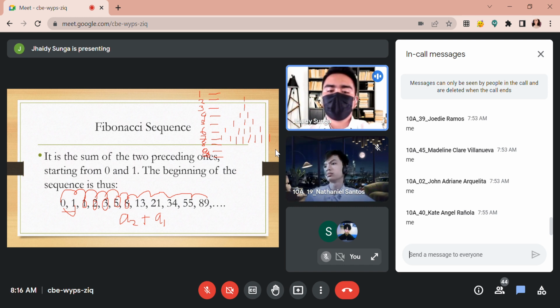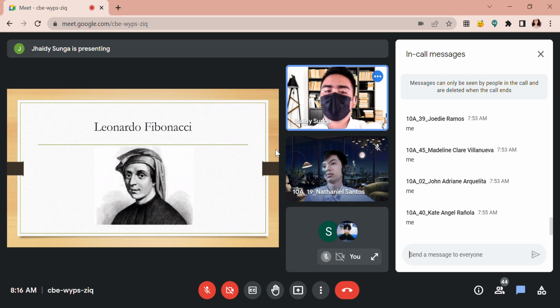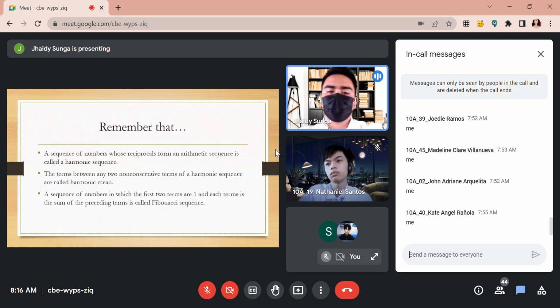Again, the father of this Fibonacci sequence is Leonardo Fibonacci, not Leonardo da Vinci. I would like you to remember that a sequence of numbers whose reciprocals form an arithmetic sequence is called a harmonic sequence.